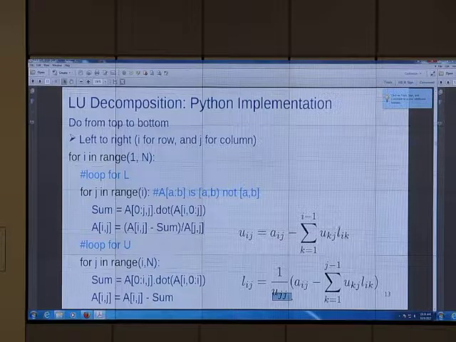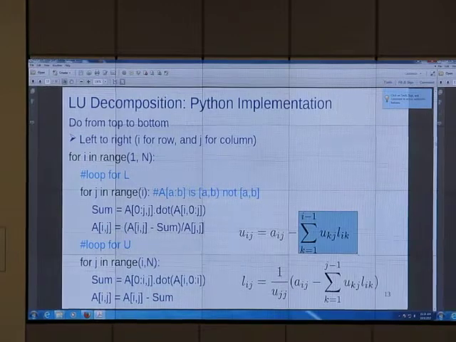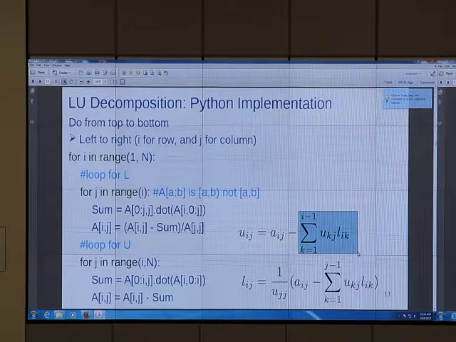And in the loop for j, I just have a_ij minus the summation, which is that part. Right? So this is just putting the equation into coding format.